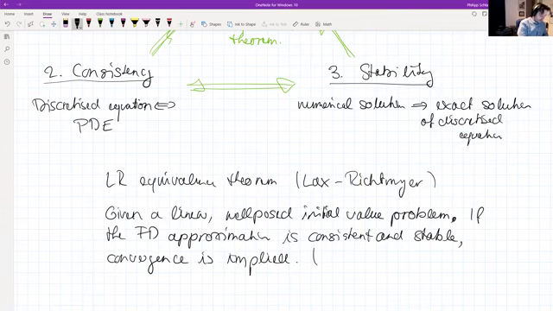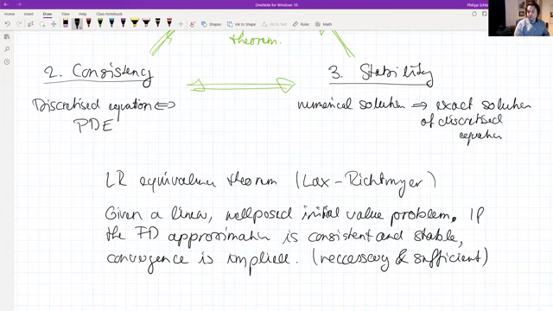And that's a good thing, this is a necessary and sufficient condition in this whole process.